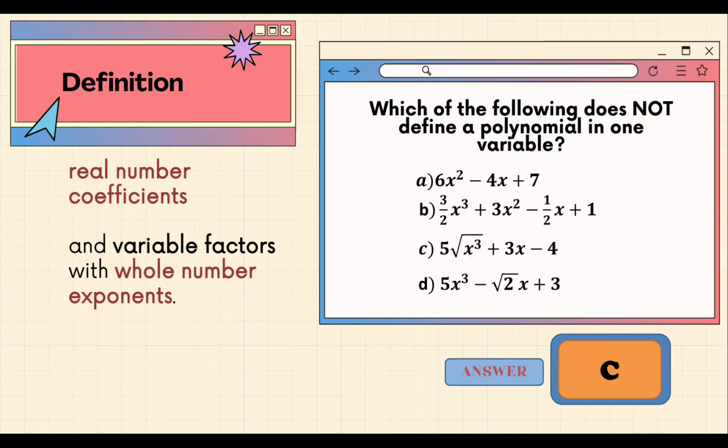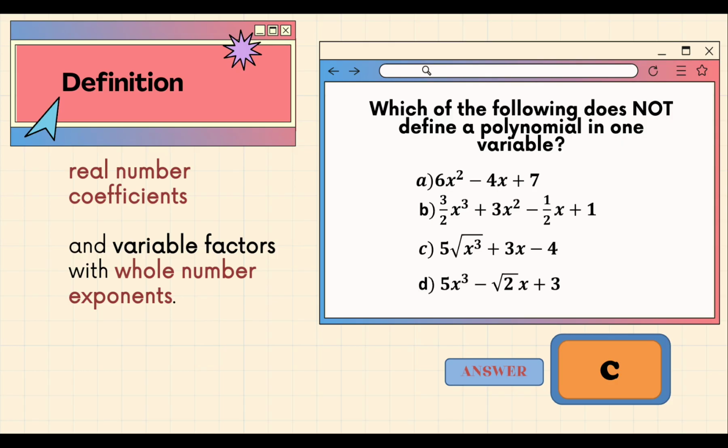First, all real number coefficients. And the second, variable factors with whole number exponents. Let's check the coefficients. 6, negative 4, 7 for letter A, all real. 3 halves, 3, negative 1 half and 1, all real. In letter C, 5, 3, negative 4, all real. And in letter D, 5, negative square root of 2, 3, all real.